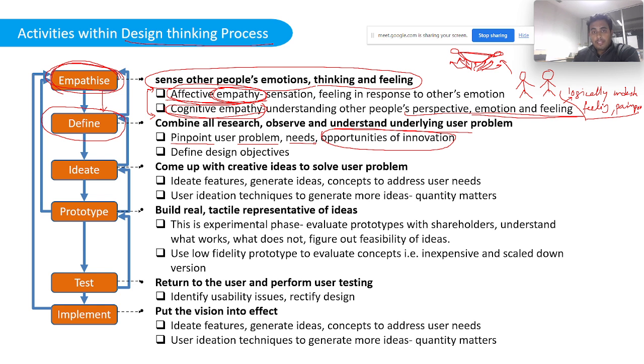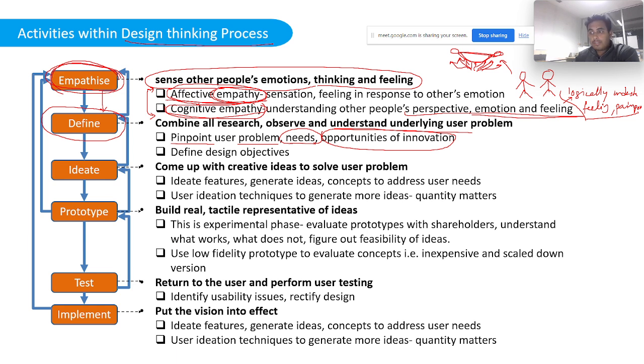Okay, so this is very crucial, because after a user study or empathize phase you will have a lot of information, and it is up to your visual or your cognitive lens through which you see a problem.